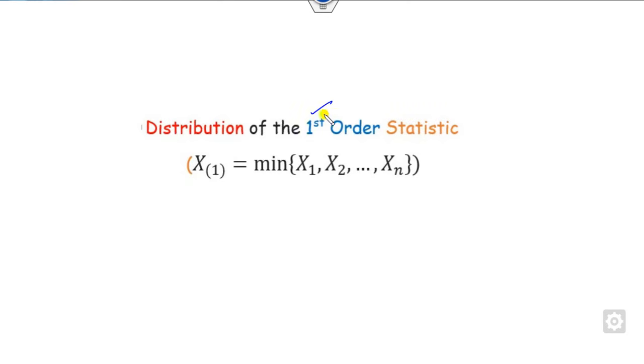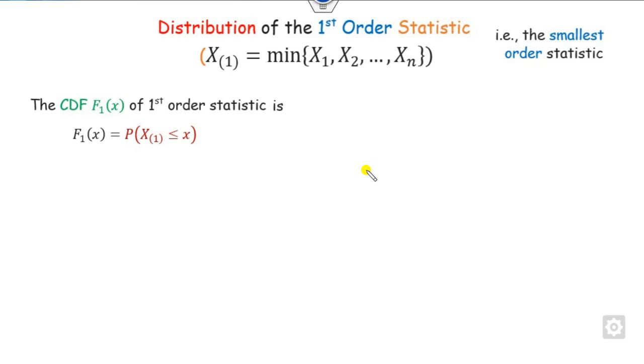Similarly, you can define the order statistic of the first order, that is X(1), which is defined like here. Now, what is the meaning of that? That is the minimum of X1, X2 and Xn being less than x. It doesn't mean that each of the Xi's is less than x, because it is the minimum of them.